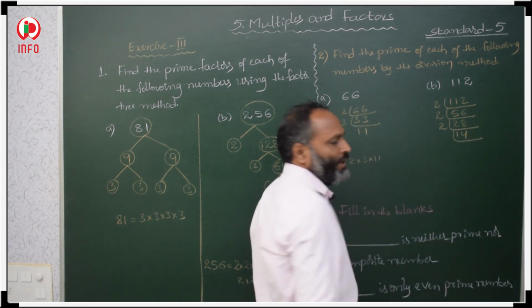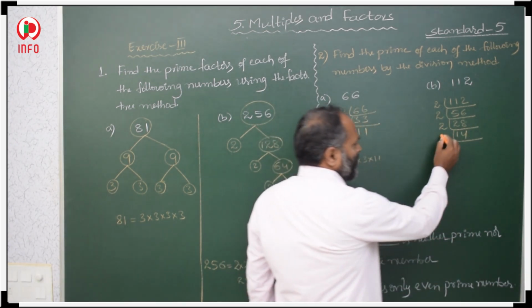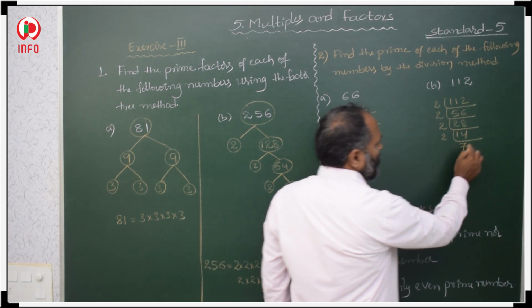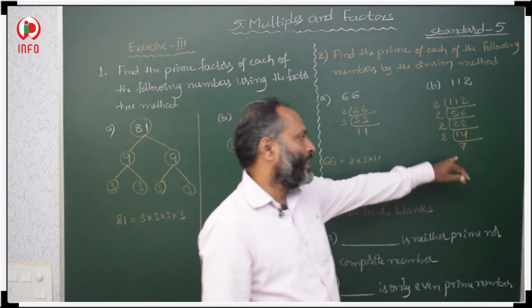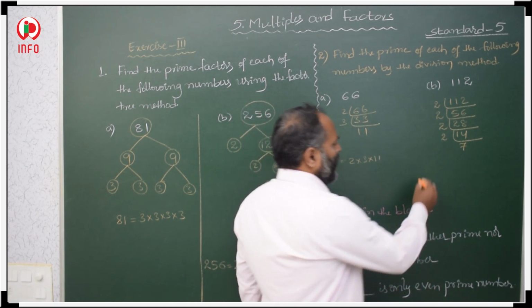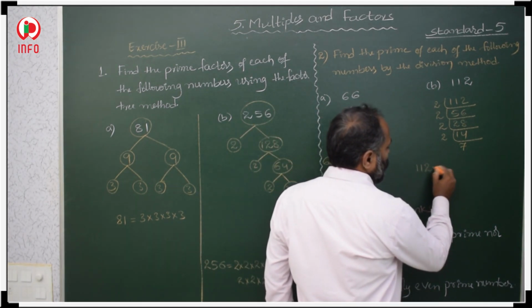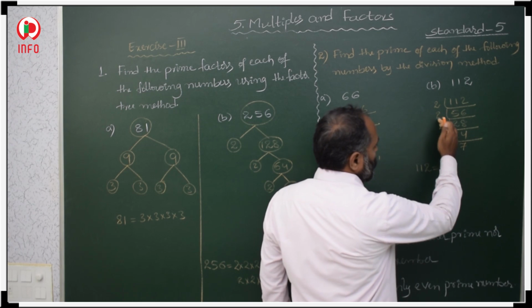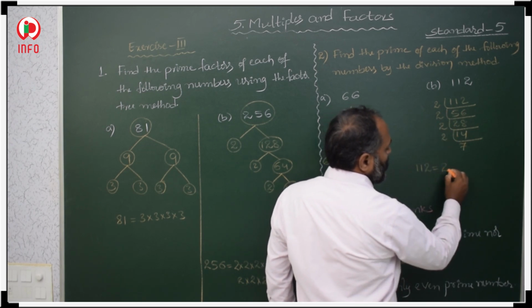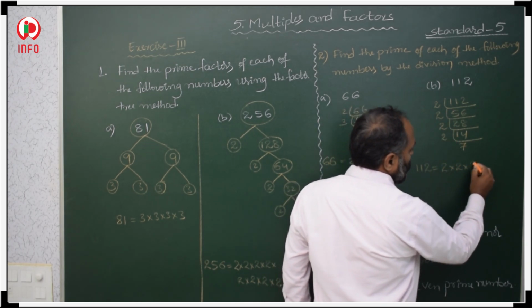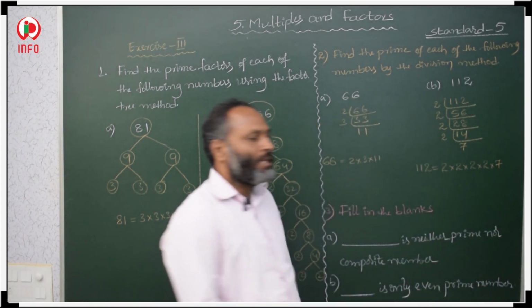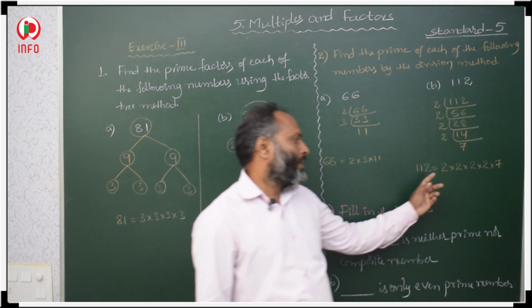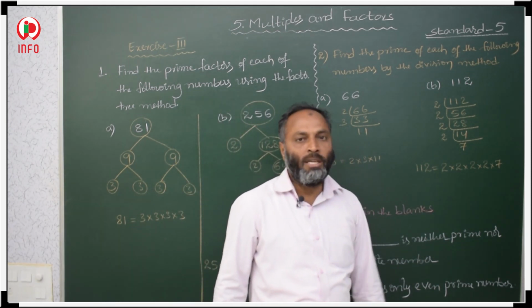Again it is an even number, divisible by 2. 2 7s are 14. 7 is a prime number, no need to check further. Okay, stop till here. Now 112 as a product of prime numbers is 2 into 2 into 2 into 2 into 7. All these are prime numbers, so this is the product of prime numbers using the division method.